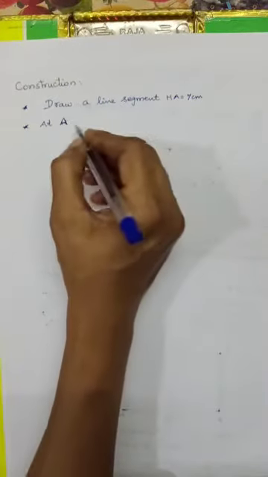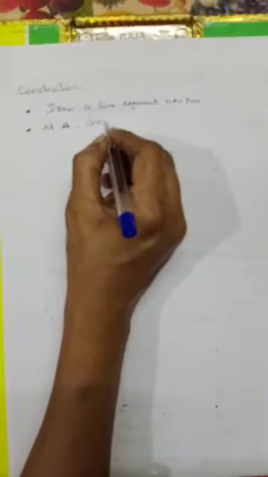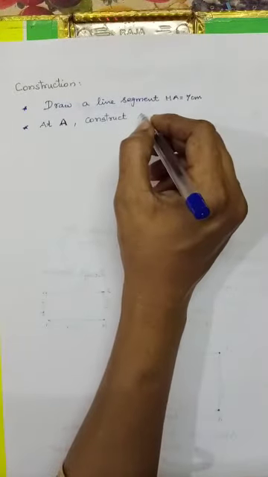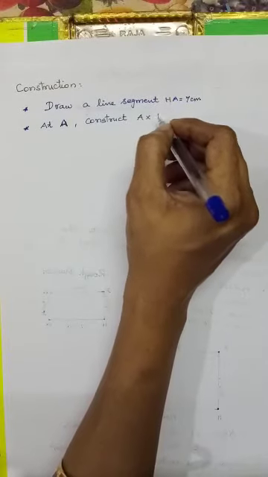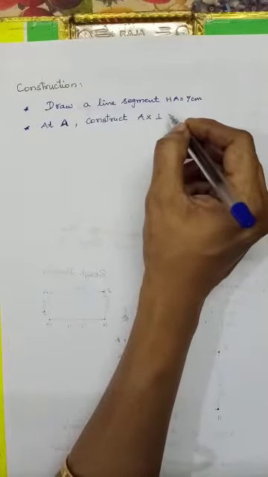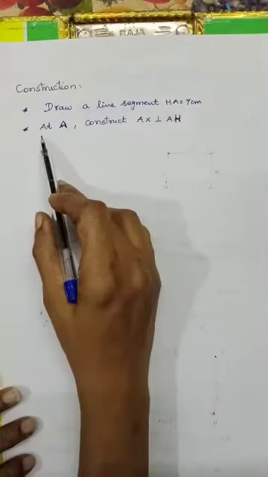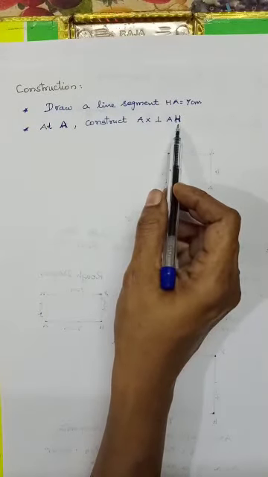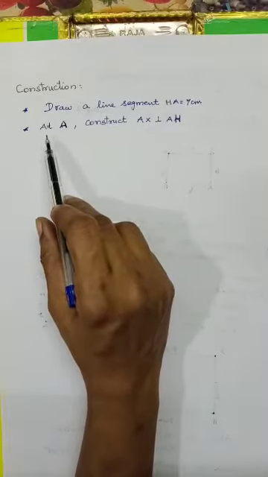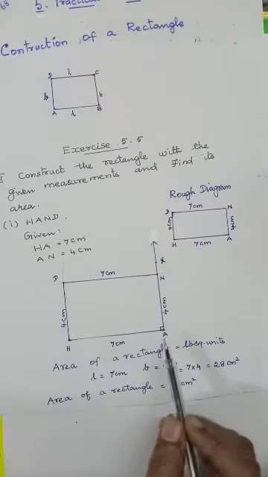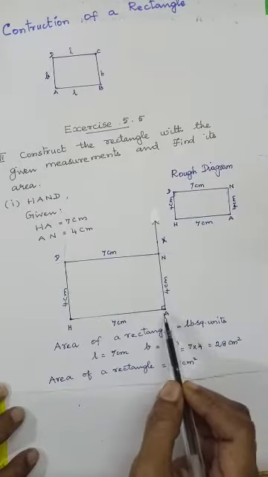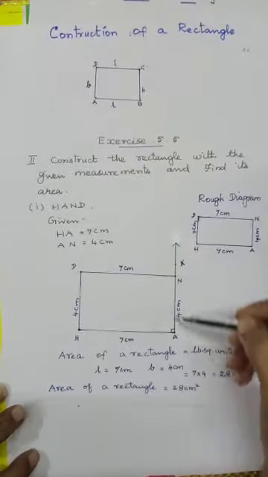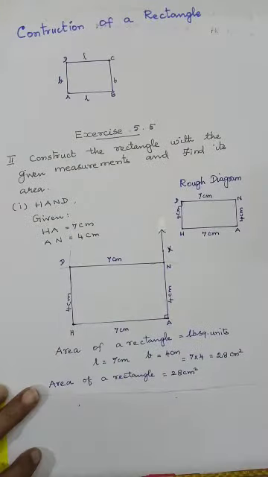So at A, construct AX perpendicular to AH. At A, we are drawing a perpendicular line which is perpendicular to AH. This line is perpendicular to AH.